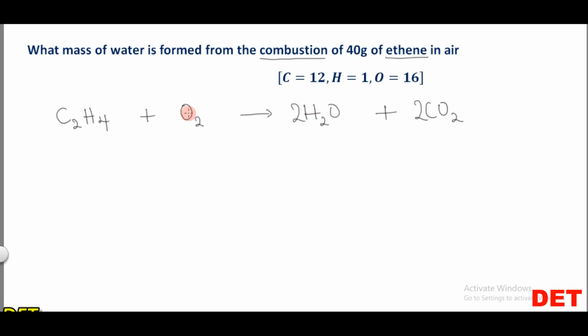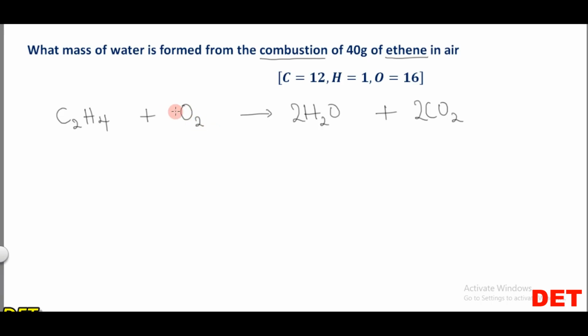We have 2 oxygen here. How many oxygen do we have here? We have 2 oxygen here because this 2 is affecting everything here. 2 times this 2 will give us 4. So we have 4 oxygen here, and 2 oxygen here. That makes a total of 6 oxygen. We have just 2 oxygen here, so what will I do to make the amount of oxygen here equal to 6?